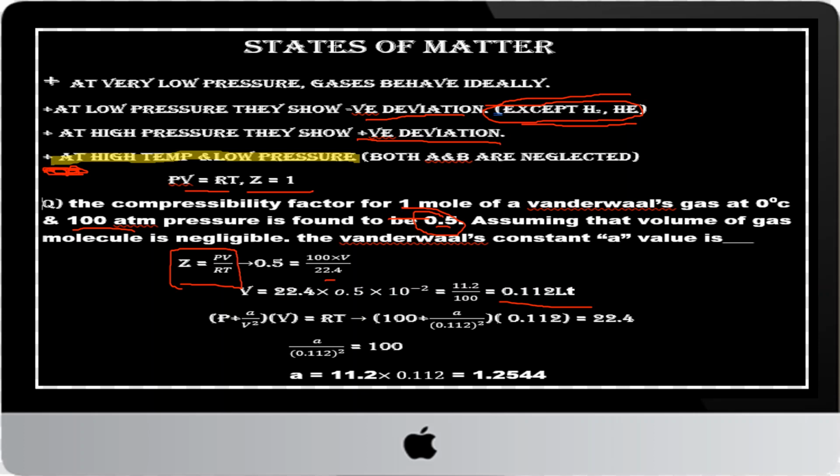By using the van der Waals equation, as we need to find A, we need not include B. P plus A by V square, as n is 1, times V minus 1 into B. As they have given the volume of gas molecules is negligible, we are not including B, just V. So (100 plus A by 0.112 whole square) into 0.112 equals 22.4.